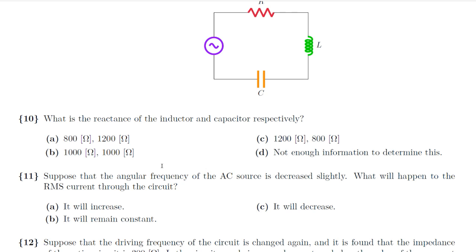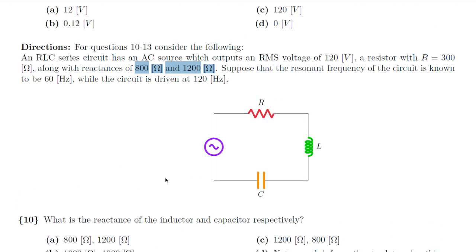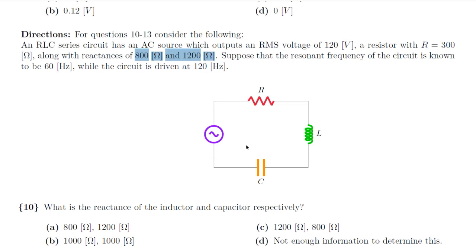Could you repeat how you corresponded the values with the capacitor and the inductor? So again, real quickly, how I knew that each one of these belonged to either the capacitor or the inductor was simply if I knew that I was driving the circuit at a higher or lower frequency. Remember that driving the circuit at a higher than resonance frequency, which is 120 compared to only 60, will cause the inductor to react more.